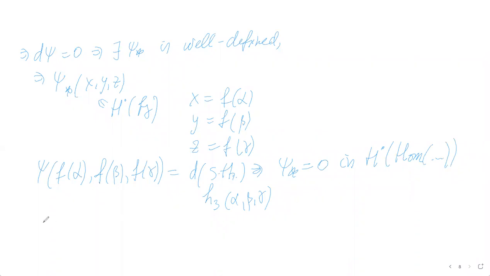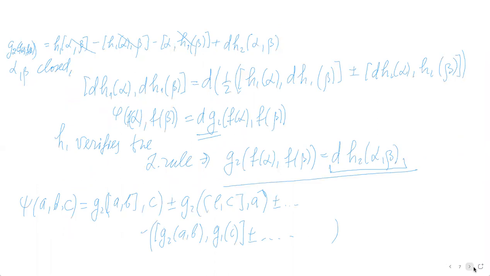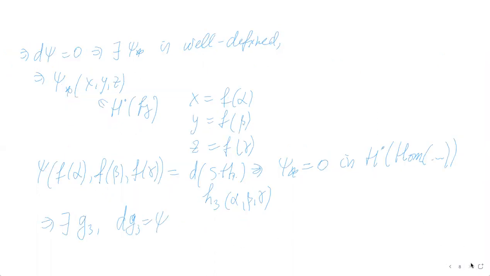And hence there exists G3 such that D G3 is equal to psi, and this gives us the next step. And also we shall have not only G3 but also this map H3. If we go on and on like this, at every step we shall get Gn and Hn.